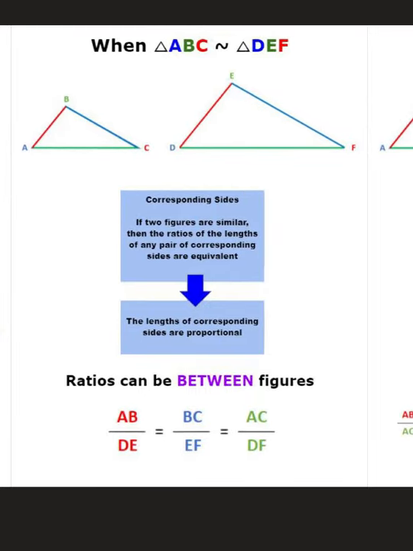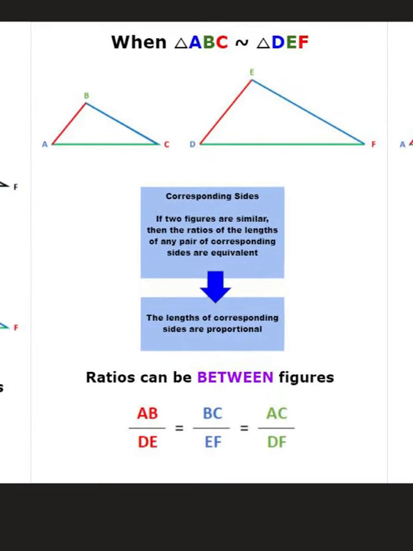Continuing here, we can see the color coding. Corresponding sides: if two figures are similar, then the ratios of the lengths of any pair of corresponding sides are equivalent. So you can see over here, AB, which is the red, goes with DE, or BC, the blue one, goes with EF, the other blue one.